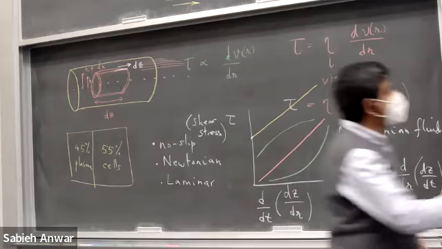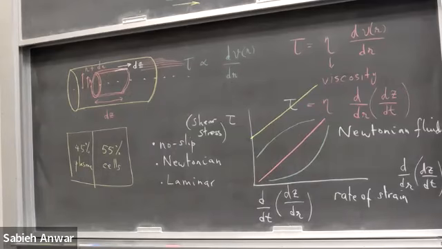So this is my big pipe, the artery, and I have a small section within it of a certain thickness, dr. Now the pressure here is P. The pressure on this section, let's call it P plus dP.